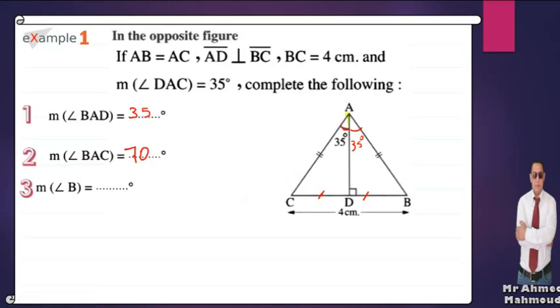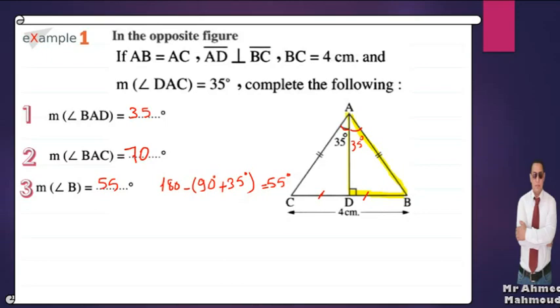This triangle, as we see, includes angle A equals 35, angle D equals 90, then angle B equals 180 minus (90 plus 35) degrees, equals 55 degrees.